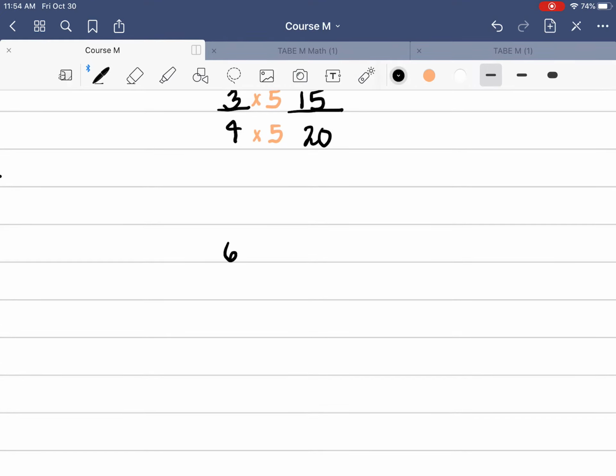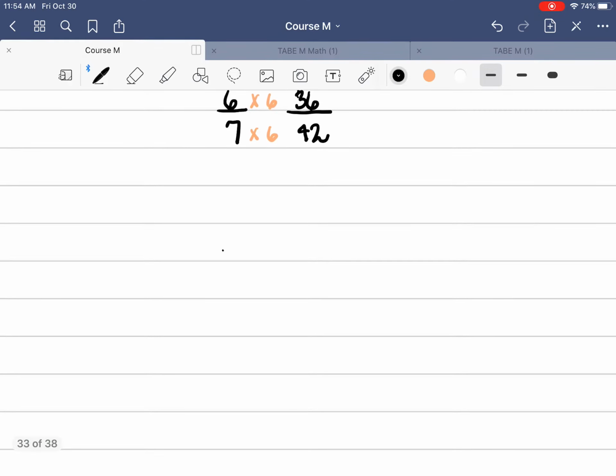How about 6/7 equals 36 over something? 6 times 6 is 36. 7 times the same 6 is 42.